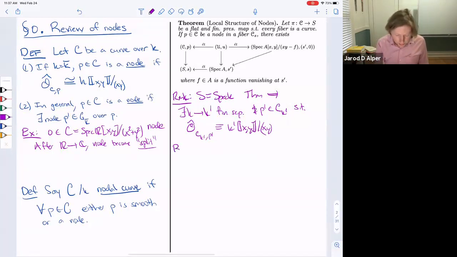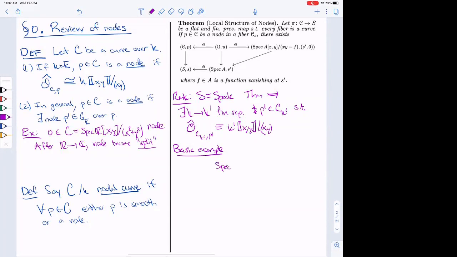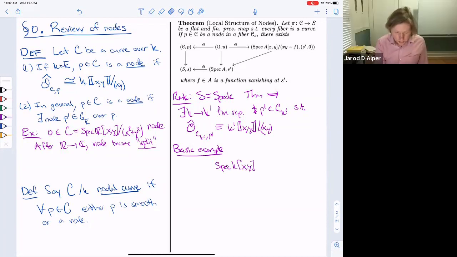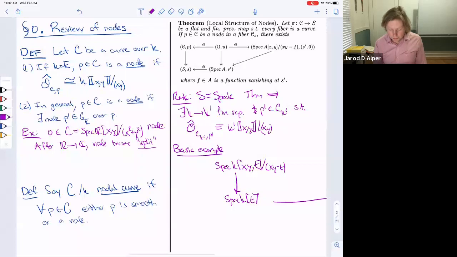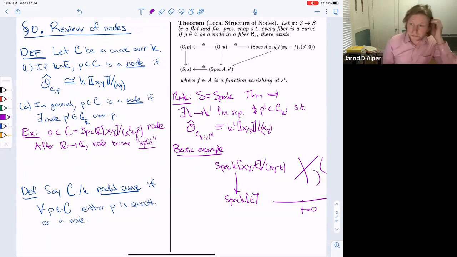And the basic example to keep in mind of what the structure theorem looks like in the relative setting is perhaps this example where you take x y equals t over t. So here you have a one-dimensional family where when t is 0, the fiber just looks like the union of the two axes, but away from that, it looks like the hyperbolas, which are smooth.